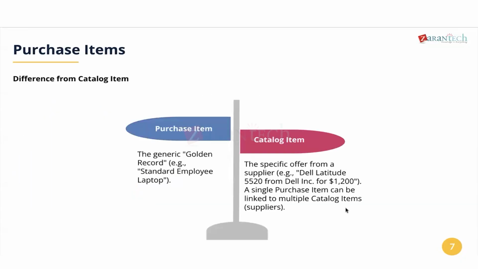The difference is that a purchase item is a kind of generic item, like a golden record, a standard employee laptop, etc. A catalog item is the specific offer from a supplier. For example, if you want a specific laptop, that would become your catalog item.